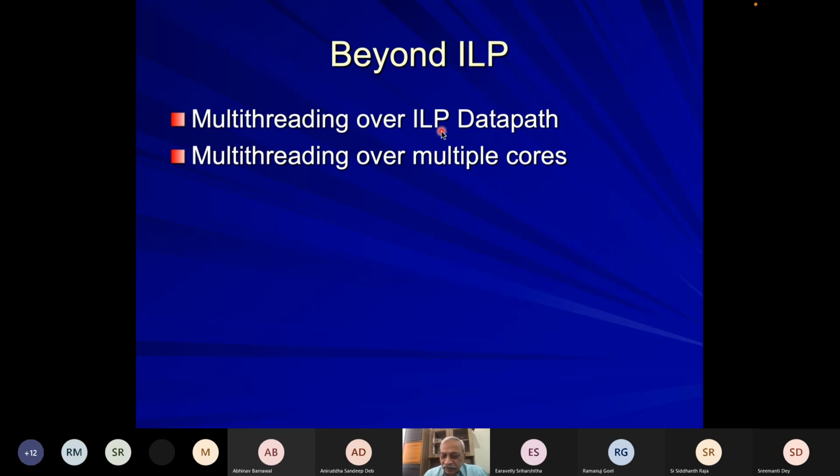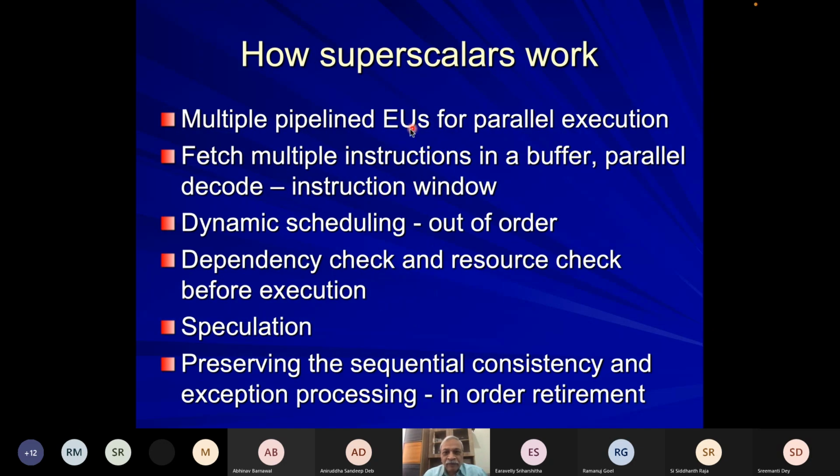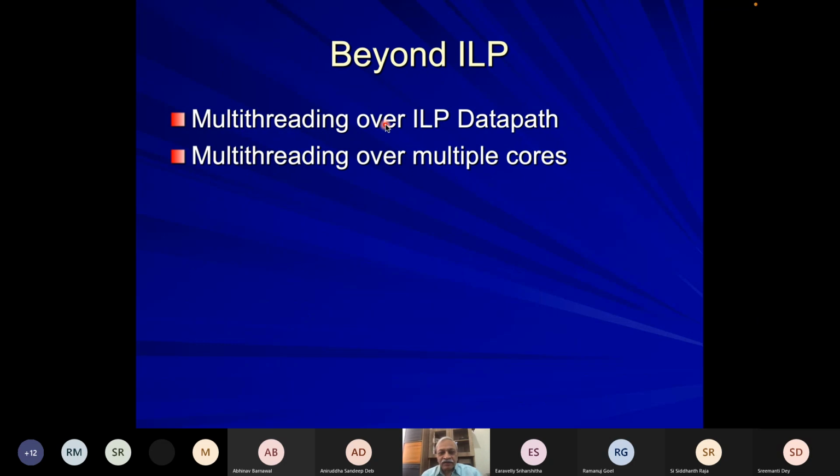So basically the kind of data path which I mentioned, where you have multiple execution units like this, and you have some stages which are trying to feed these with independent instructions. So if you can derive these independent operations from multiple threads, then you have a better chance of keeping your execution units more busy. I'll illustrate that in a moment.